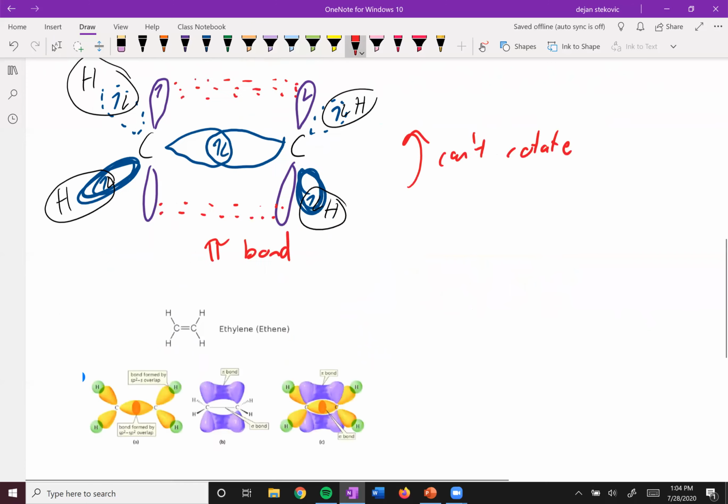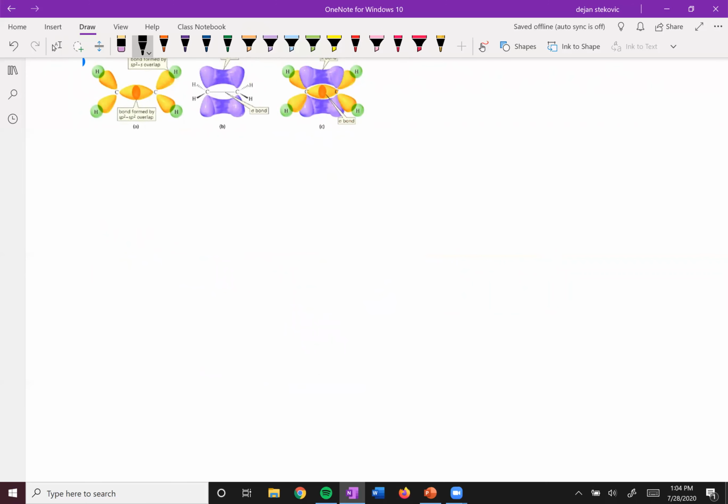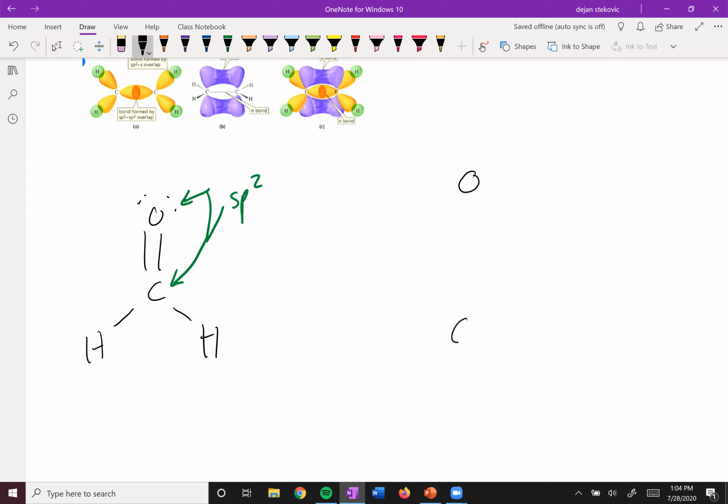Let's take a look at a different compound, the formaldehyde that we drew in the beginning. And so in this case, the oxygen and the carbon are both sp2 hybridized. They both have three things about them. And so we can draw our oxygen up here, our carbon down here, and then we have direct overlap of one of these sp2 orbitals.